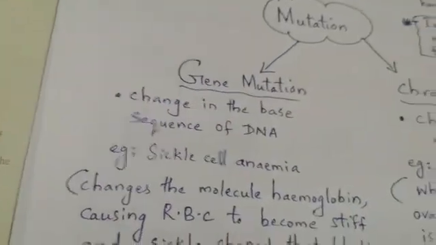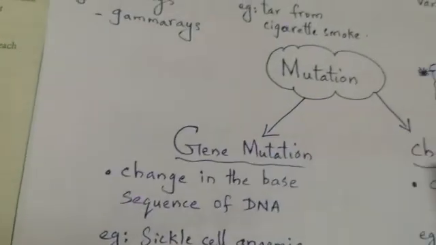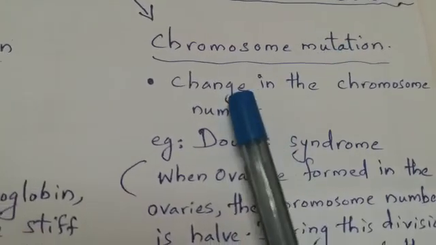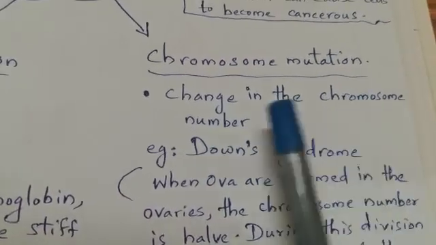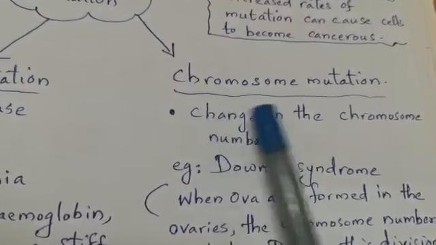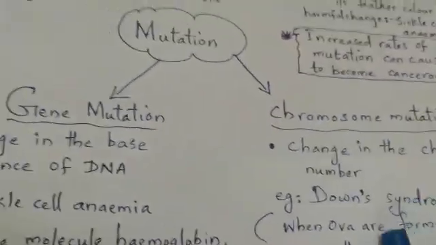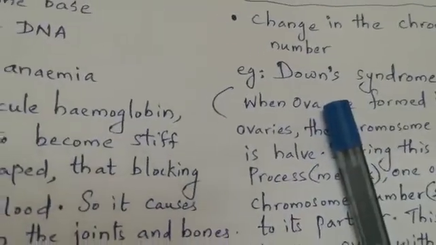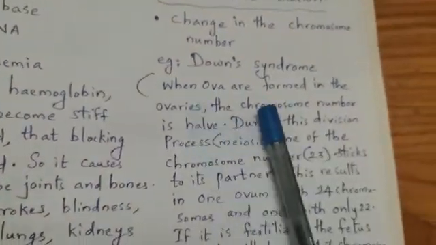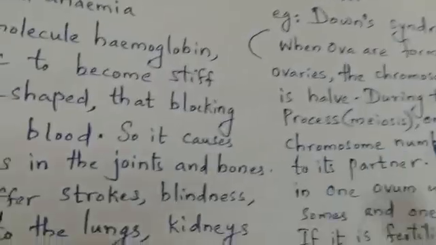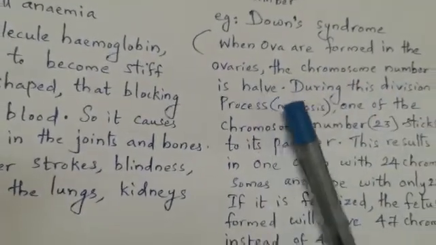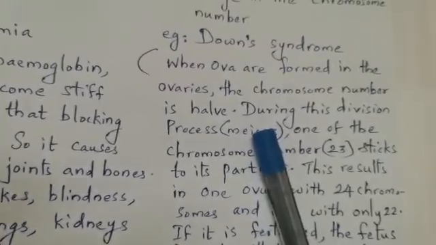Another kind of mutation is chromosome mutation, a change in the number of chromosomes. An example is Down syndrome. When ova are formed in the ovaries, the chromosome number is halved, as we learned before.